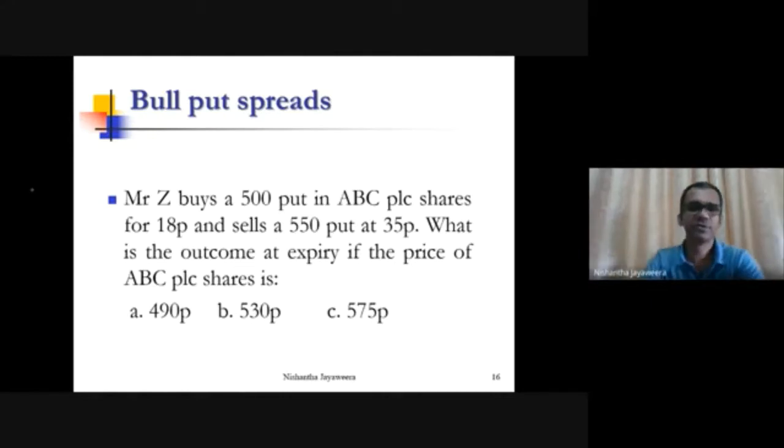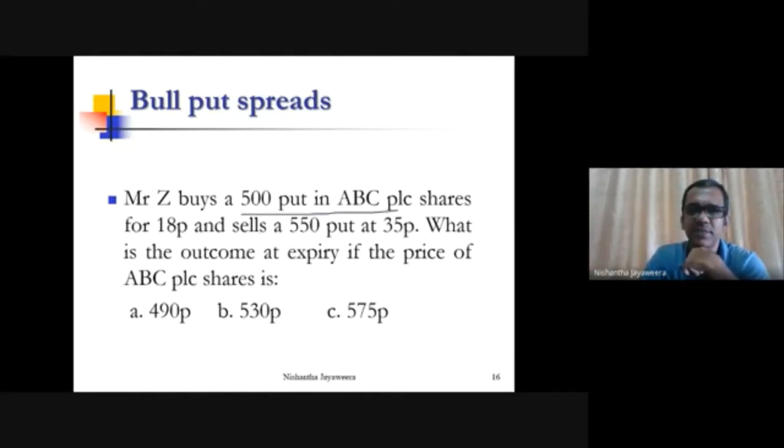Before we move on, let's try to answer this question. Mr. Z buys a 500 put in ABC PLC shares for 18 pence and sells a 550 put at 35. What is the outcome at expiry if the price of ABC PLC shares is 490, 530 and 575?